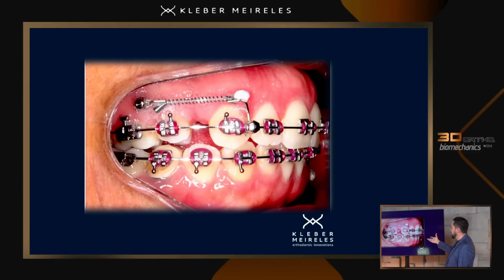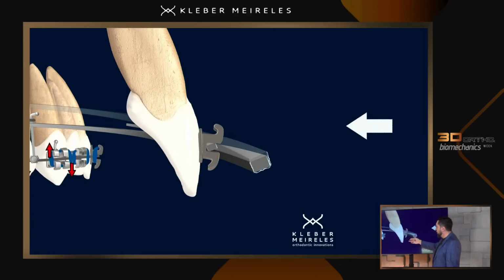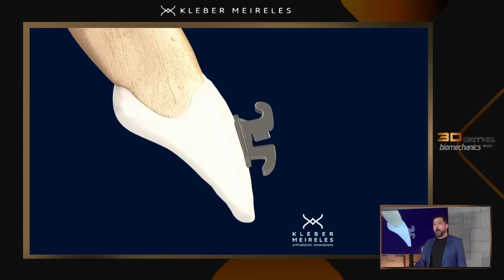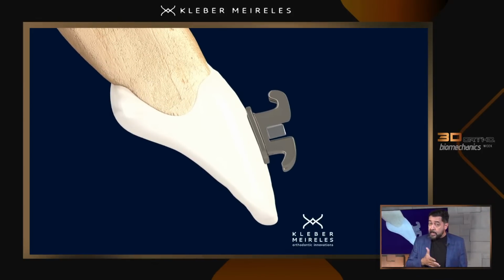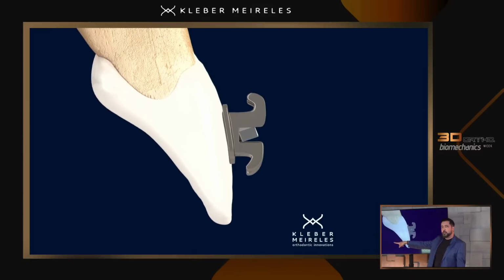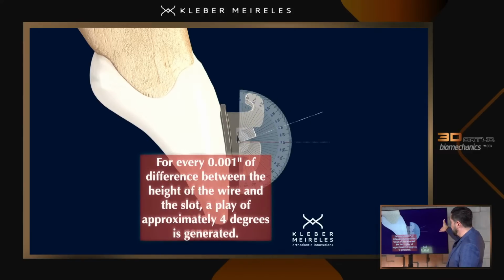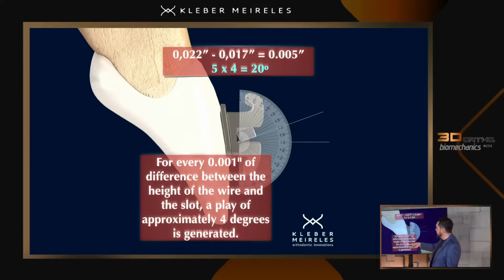What's the right way? I want to apply the mechanics with a torque or with a thicker arch wire to really control the inclination of the anterior teeth, because I know that if I do this way, without a torque, without a thick arch wire, I'm generating 0.00001 inch of difference between the height of the wire and the slot.